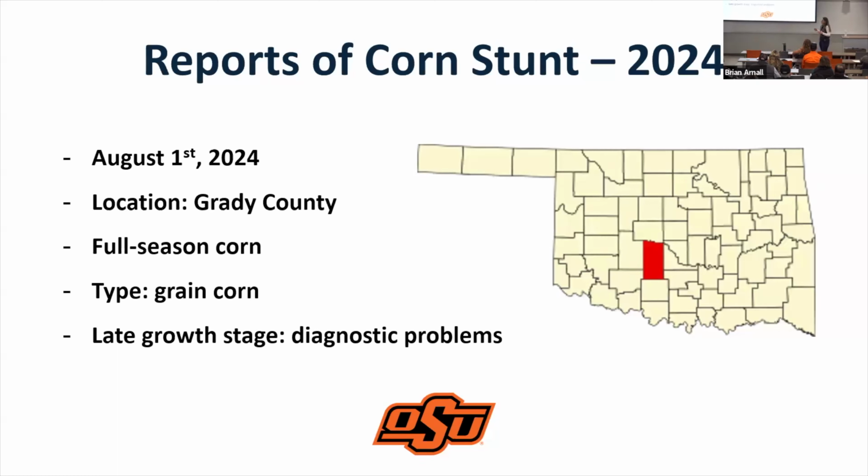It was also difficult not to mistake those symptoms for just the senescence of the crop, right? It's easy to identify corn stunt at the beginning of the reproductive stages. Later in the season, we start to miss some of that information about the symptoms.